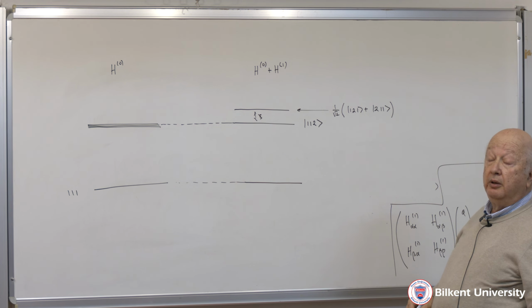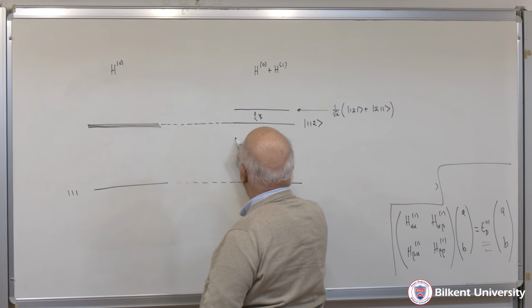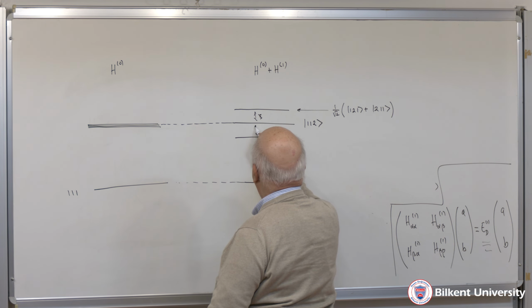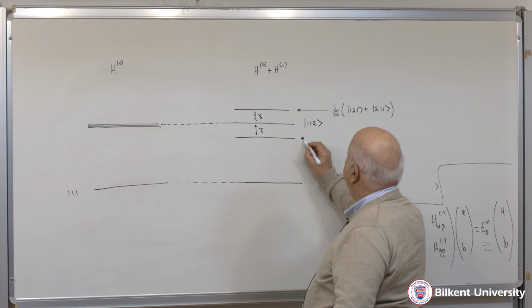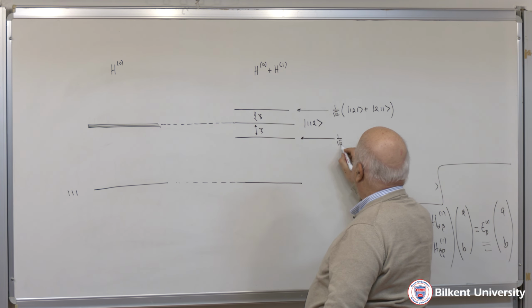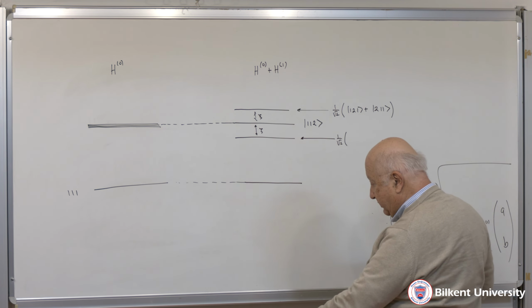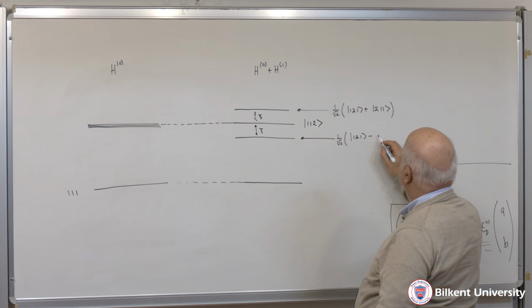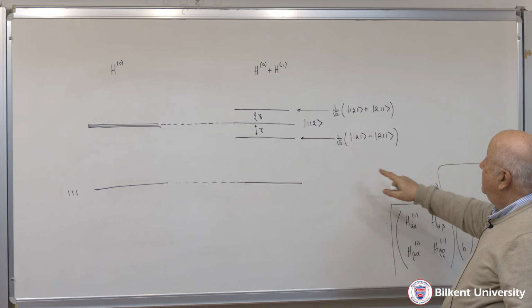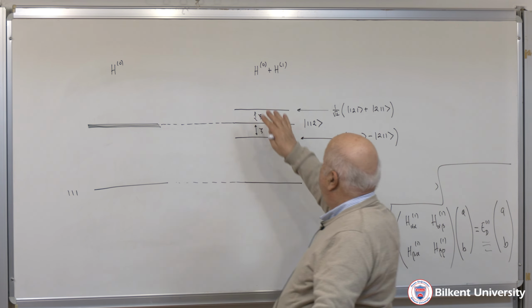And finally there is one more which is down by c, lower by that, and that has a wave function 1 over root 2, the difference of the two wave functions, so 1, 2, 1 minus 2, 1, 1.